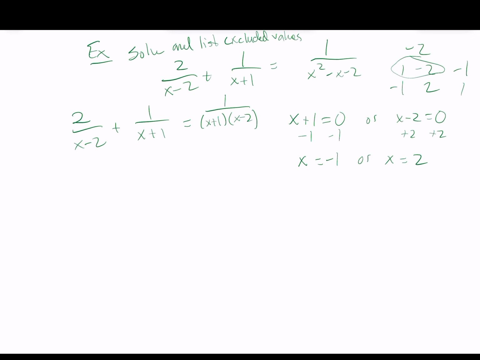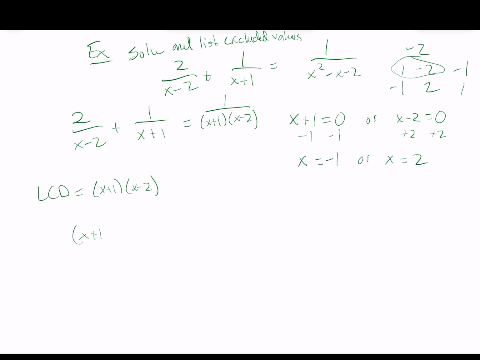So what's our LCD? Well, our LCD is x plus 1, x minus 2. So we'll multiply that on both sides of the equation so we can solve for x.